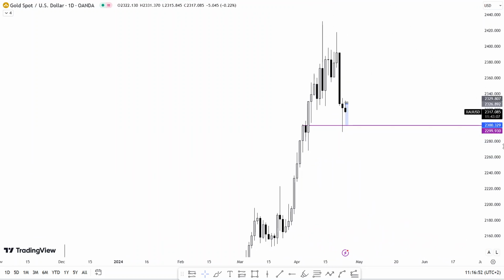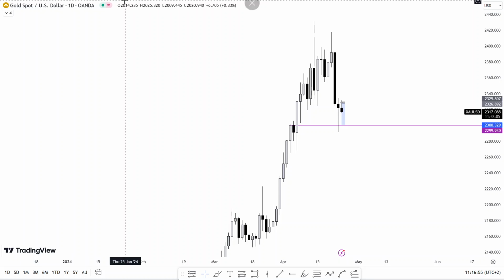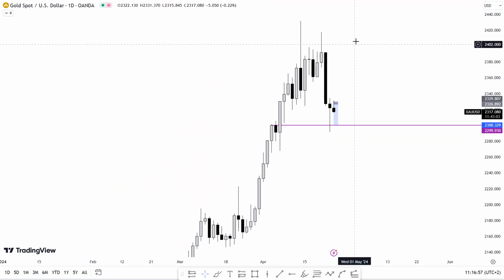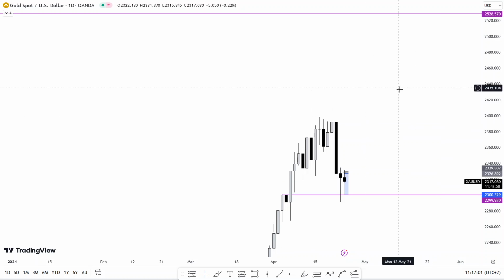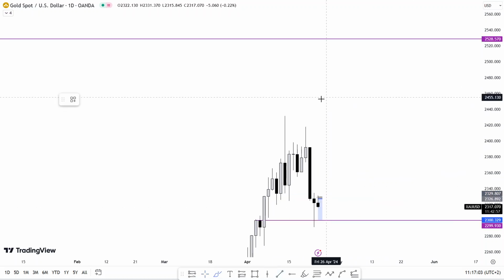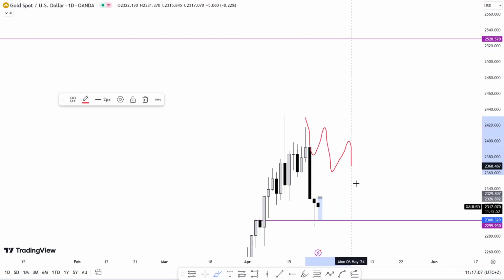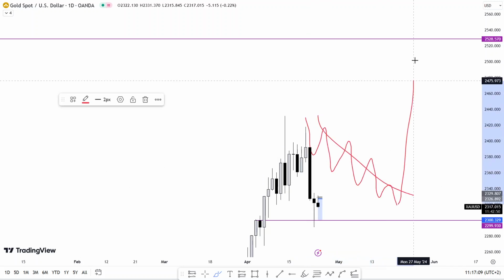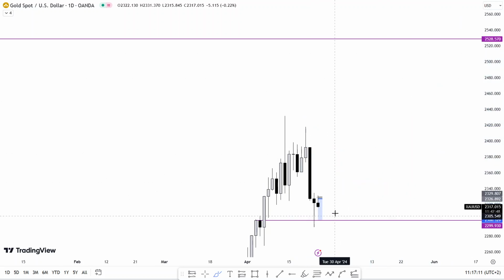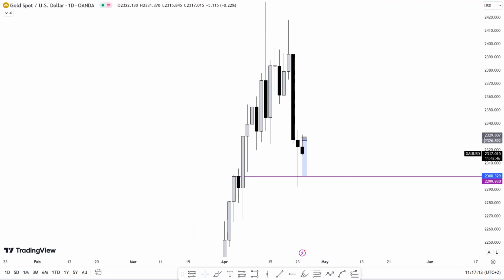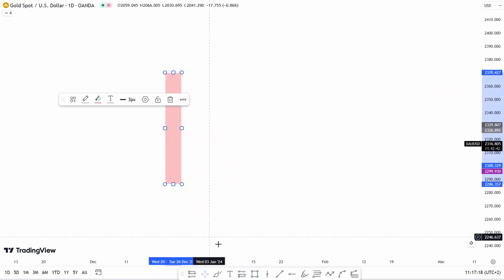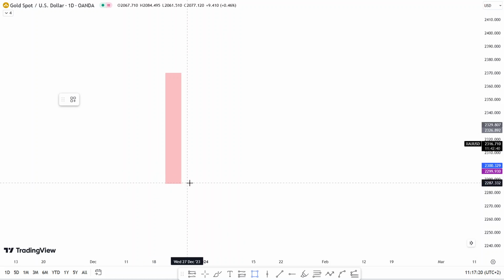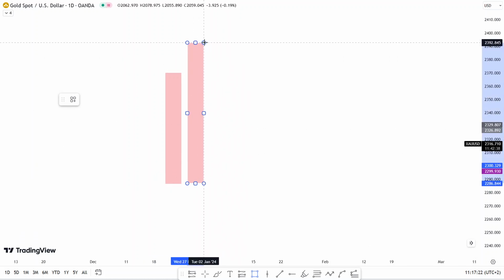Here on the lower time frames, we have gold on the daily. On the daily, remember, we are targeting here, right? So anything that we are seeing right now can be assumed to be a correction or a pullback for a push higher. With SNR, as you guys know, we have a sell and then a buy candle right here.